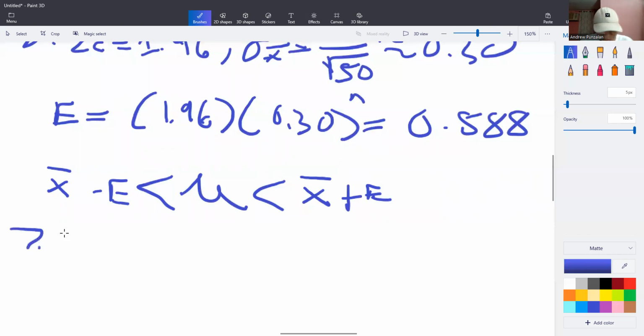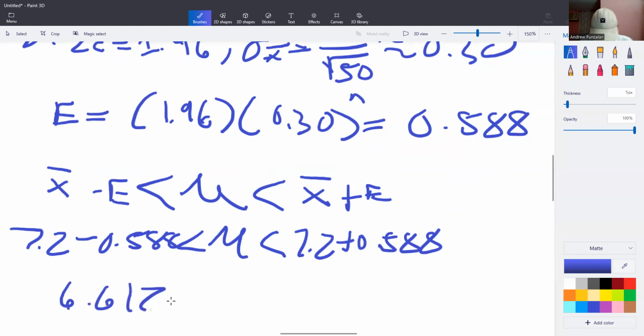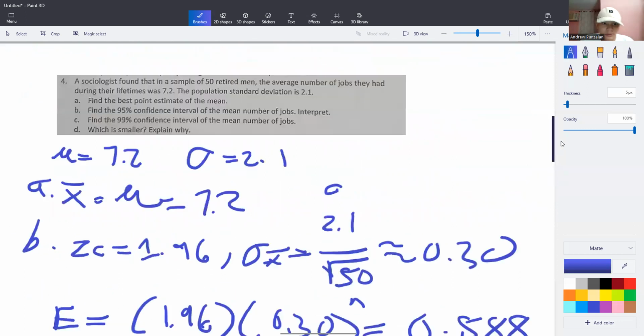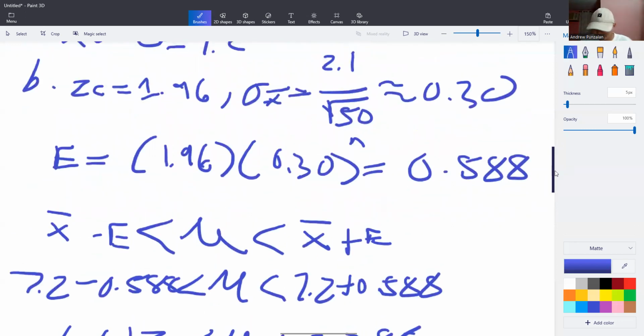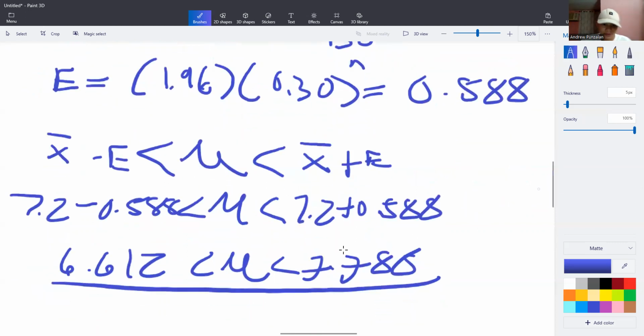Our x bar is 7.2 minus our margin of error, 0.588, then mu in between 7.2 plus 0.588. So the minus will be 6.612 and the plus 7.788. And that is our answer. To interpret this, we are 95% confident that the mean is in this interval, between 6.612 and 7.788.